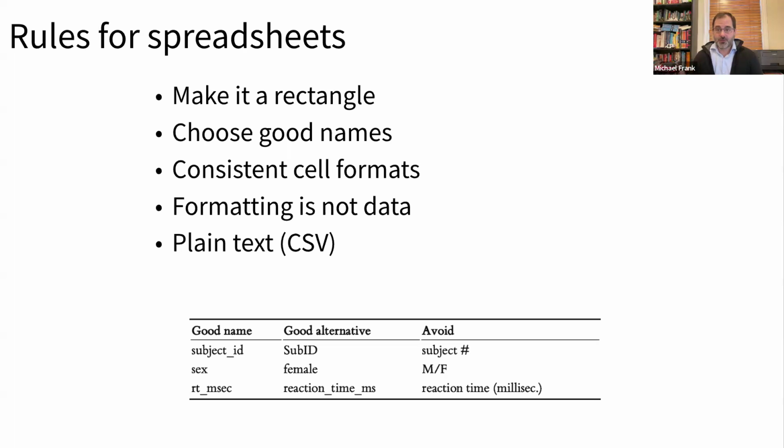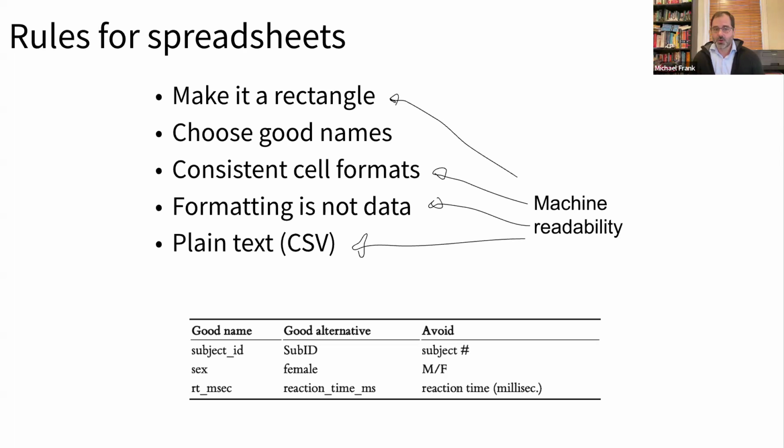So if you have a spreadsheet with lots of cells that are orange to mean exclude them and green to mean put them in, when that's in a reproducible pipeline with some R code, the R code is not going to have access to that formatting. So a rectangular spreadsheet with consistent cell formats, no formatting, and generally a plain text format, all of those promote machine readability, which allows you to automate that pipeline using R code from the raw data all the way to the published paper.